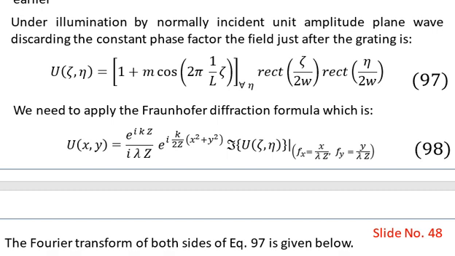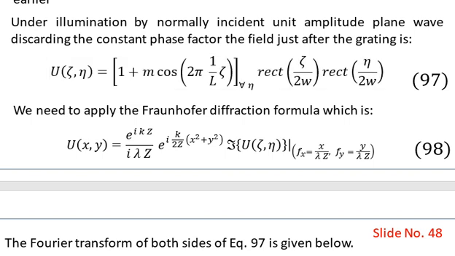You know that this field is TA multiplied by 1, because 1 is the amplitude of the incident plane wave, and since the plane wave is normally incident, the constant phase factor it carries can be discarded. So we have equation number 97 as the input field just outside the grating.